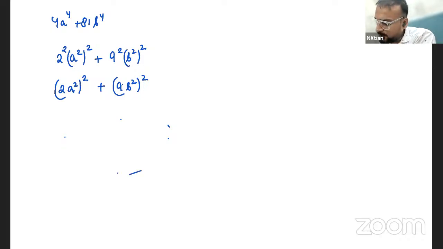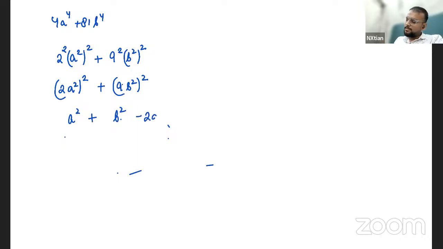Now it is in the form of a square plus b square. So I need the answer which is minus 2ab plus 2ab so that I can get the answer. So plus 2ab and then minus 2ab. I'm adding a step like this.